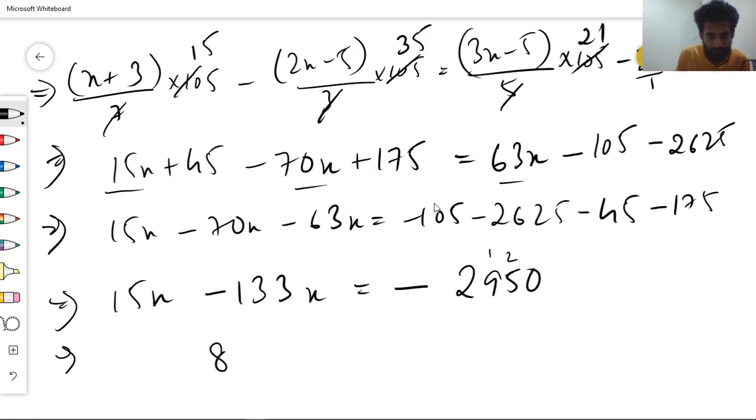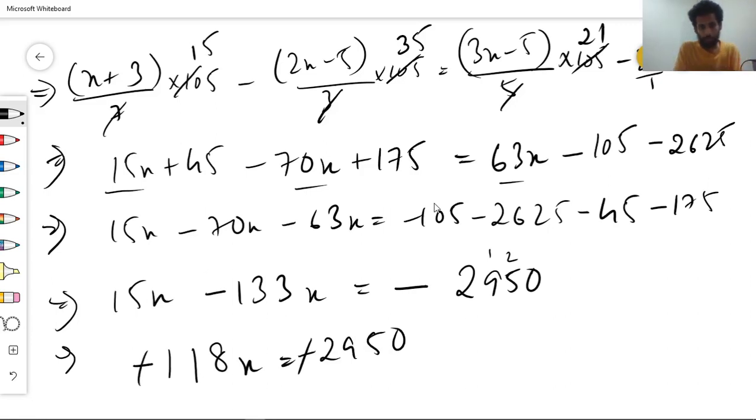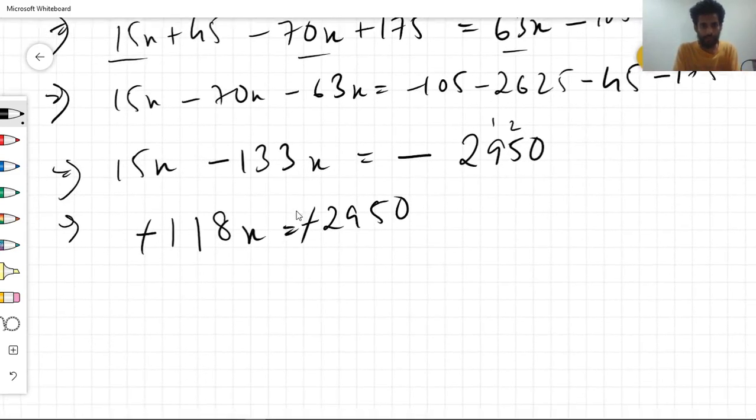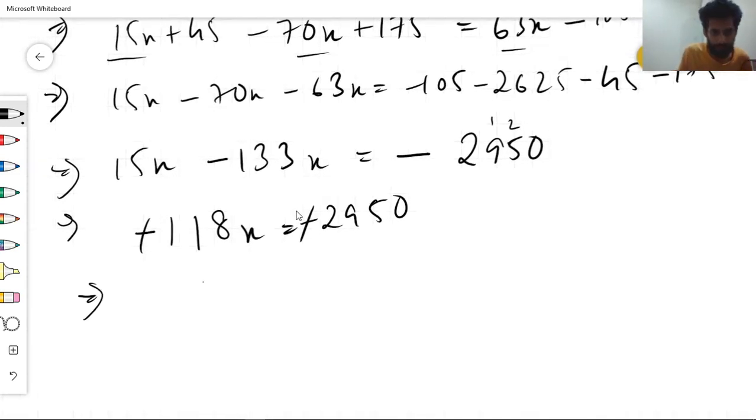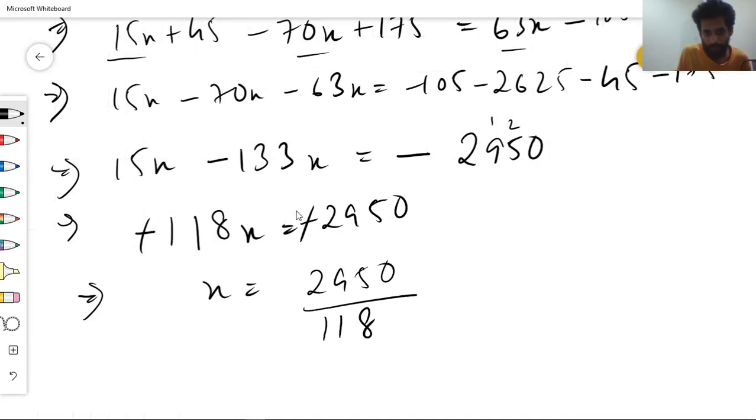Then minus 118x is equal to minus 2950. This will get cancelled. This implies x is equal to 2950 by 118.